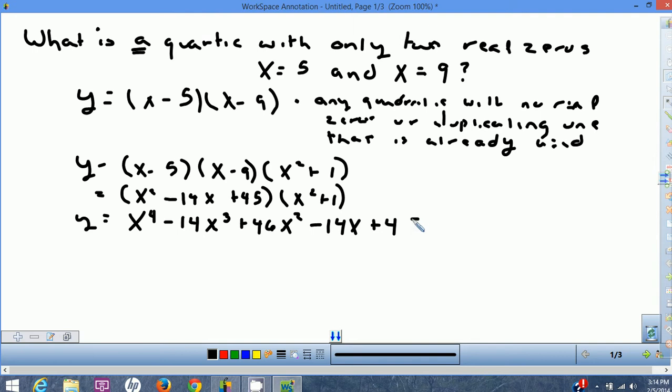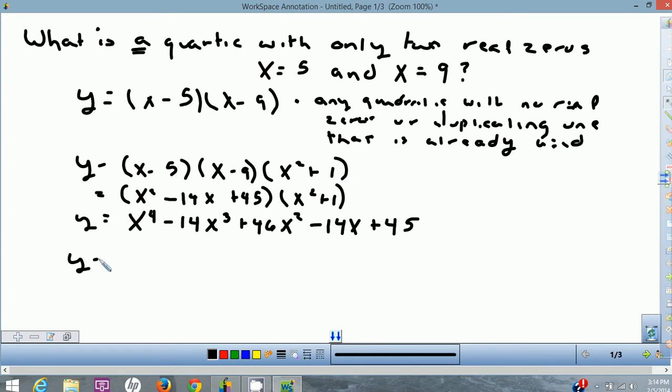And if you graph that on your calculator, you will see that it only has two x-intercepts. Those two x-intercepts are at x equals 5 and x equals 9. Well, what else could we do? We can also duplicate zeros that were already used. Now, I can't have just one imaginary. I've either got to come up with a quadratic where both of the zeros are imaginary, or I have to not use imaginary.